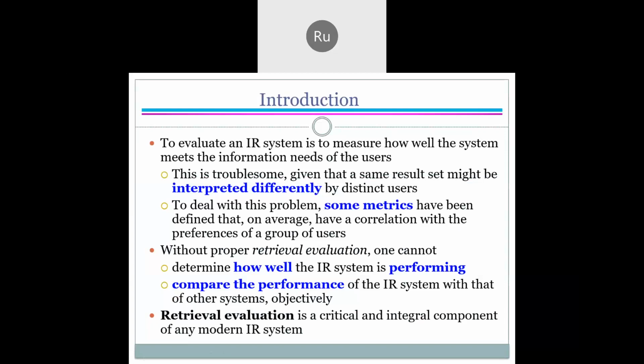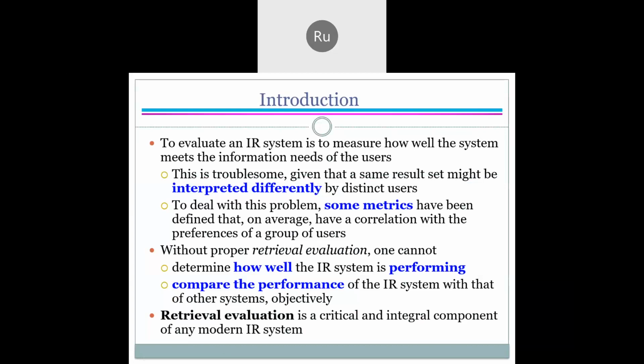If you have enough background, you will be able to provide feedback related to the degree of relevancy of the document returned to you. But if you do not have any background knowledge, it is difficult for you to provide feedback. So different people will give you different interpretations about the relevancy of the document.